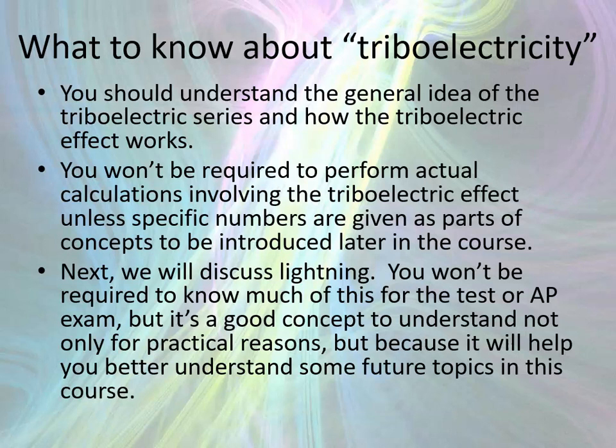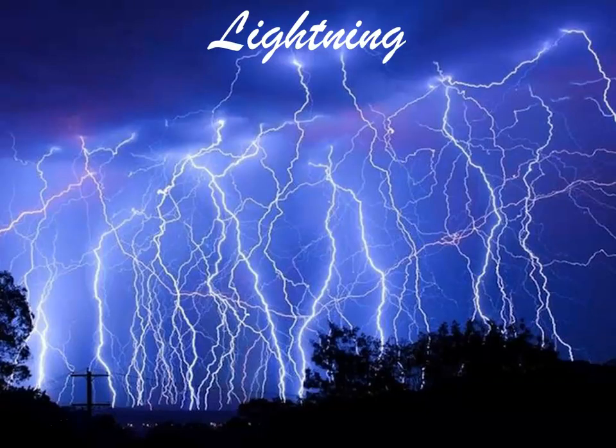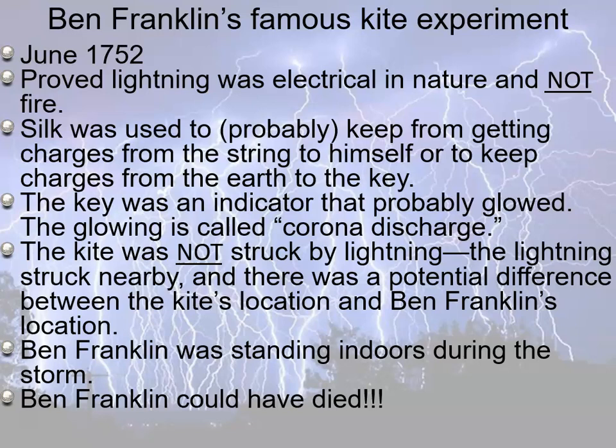So now that we've talked about the triboelectric effect, let's discuss a very spectacular version of static electricity, that is lightning. So in Ben Franklin's famous kite experiment, long story short, his kite was not actually struck by lightning.